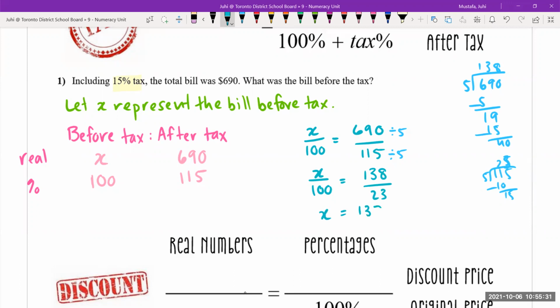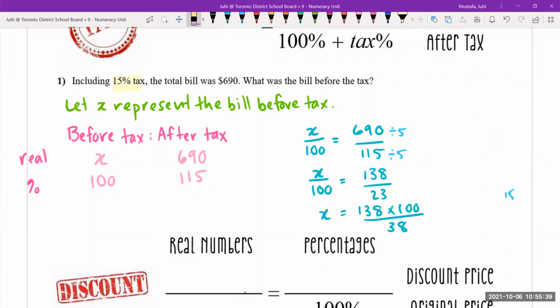So it's going to be 138 times 100 divided by 23. Oh, I'm sorry, I said 38, that should be divided by 23. Good catch.